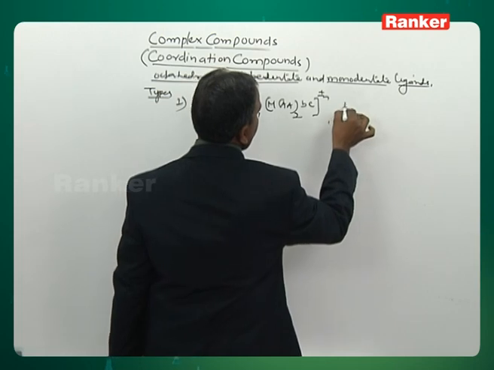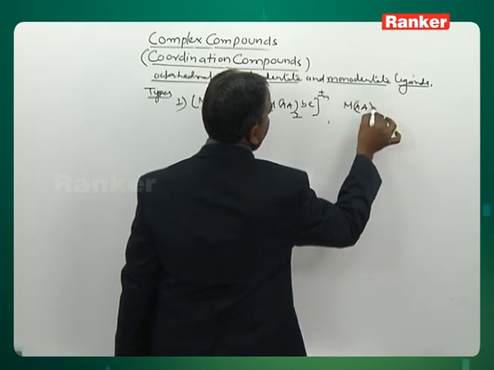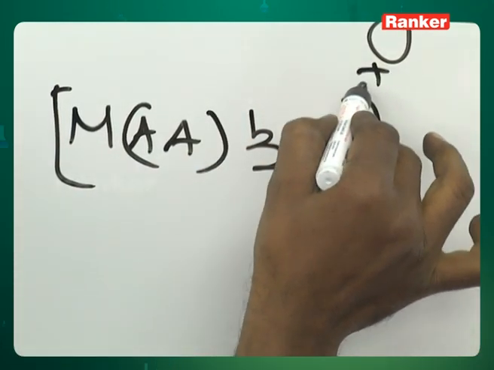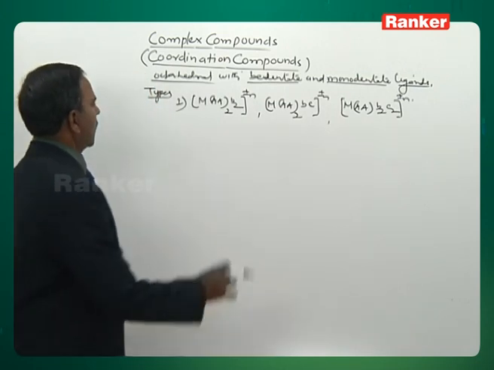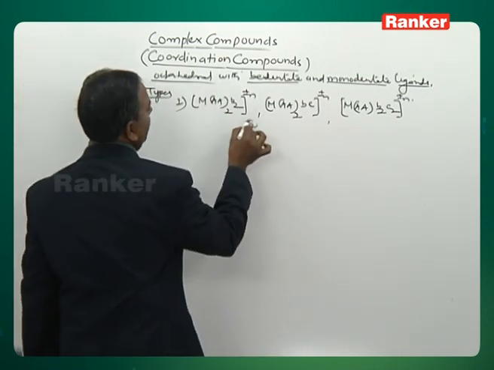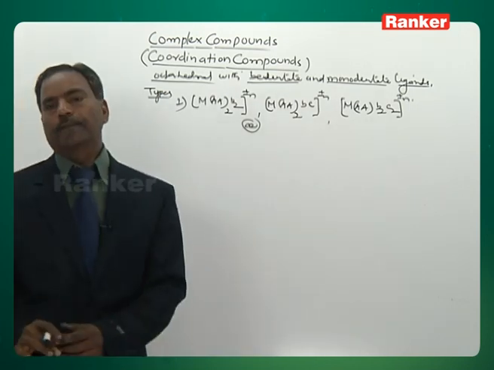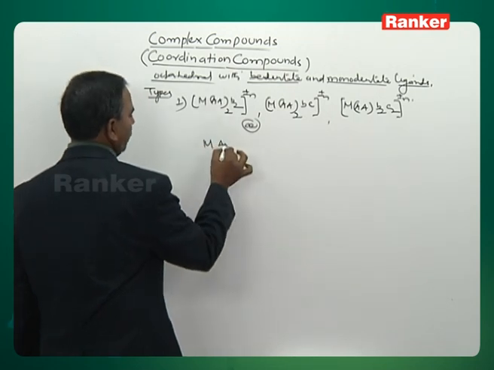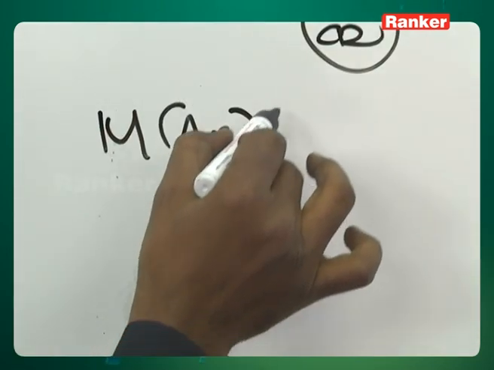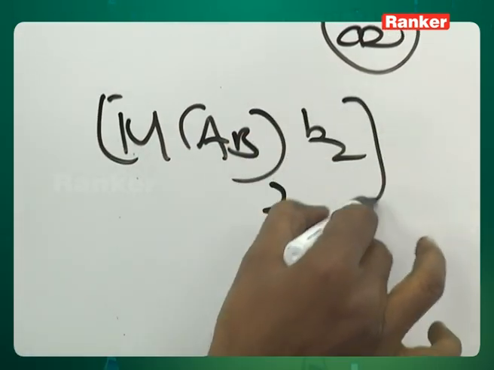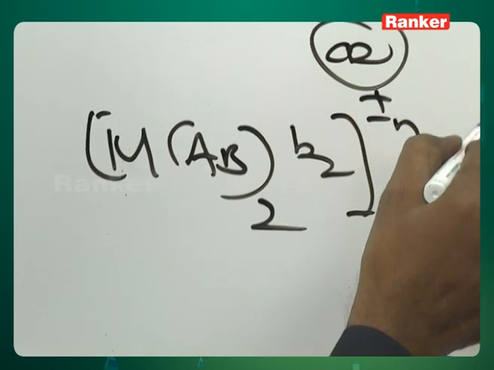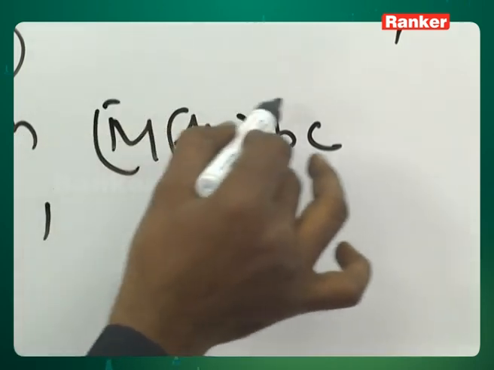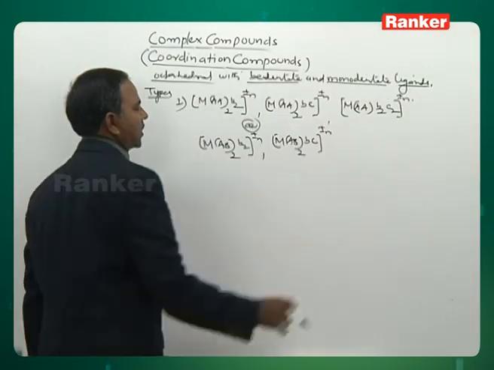Next, MAA, B2C2, plus or minus N. Not only symmetric bidentate, we can also write a complex with unsymmetric bidentate. So here it may be MAA type or MAB type. MAB taken twice, B2, plus or minus N. MAB taken twice, BC, plus or minus N.